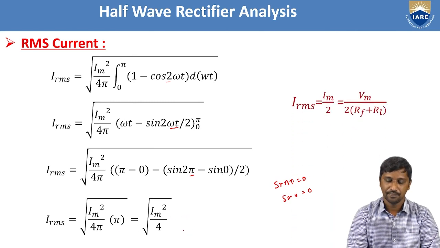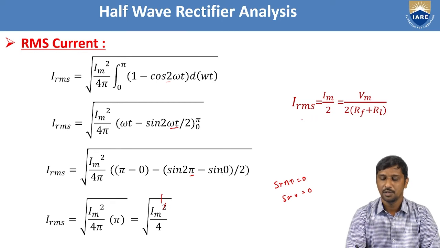After this, the square and square root cancel. The square root of 4 is nothing but 2 here. So the root mean square current IRMS is Im by 2. If you want to write it in terms of voltage magnitude, Im is nothing but V by R, so Vm by R, where R is the summation of the diode forward resistance and the load resistance.